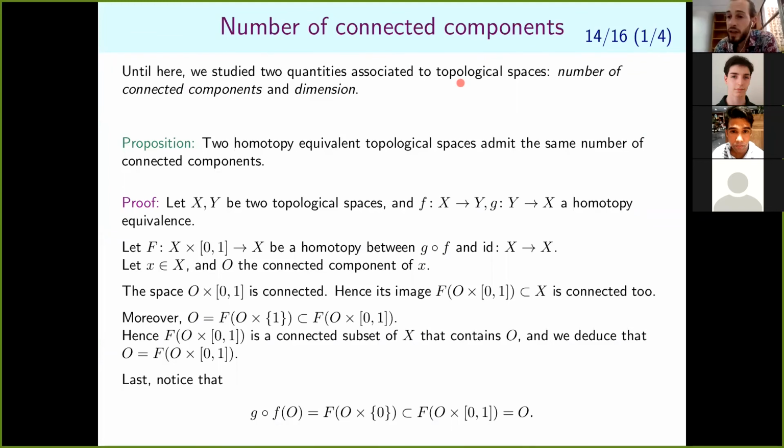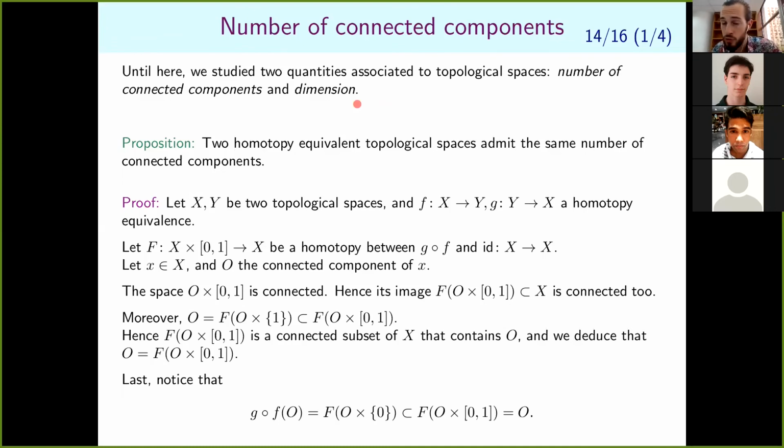So let me recall that yesterday we studied 2 invariants, 2 quantities, the number of connected components and the dimension. I want to know how they behave at the homotopic equivalent level.